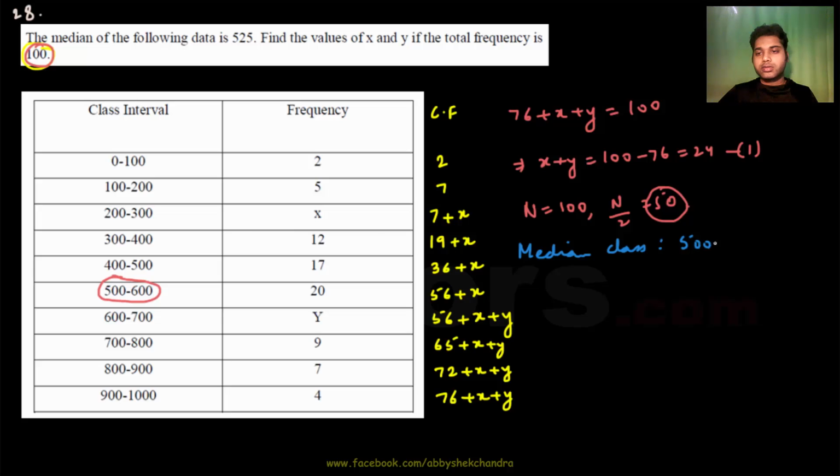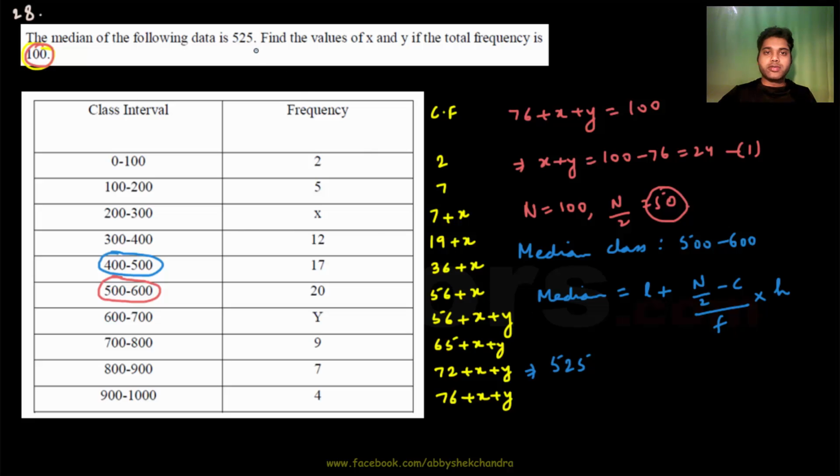I'll tell you the reason why we did not choose 400 to 500 as the median class. Now what is the formula for median? Median is given by L plus n by 2 minus C by F into H. What is median?